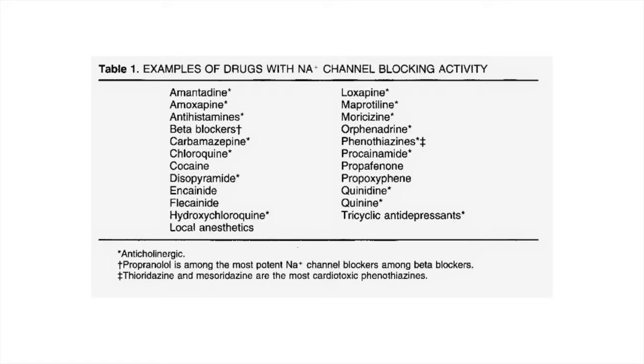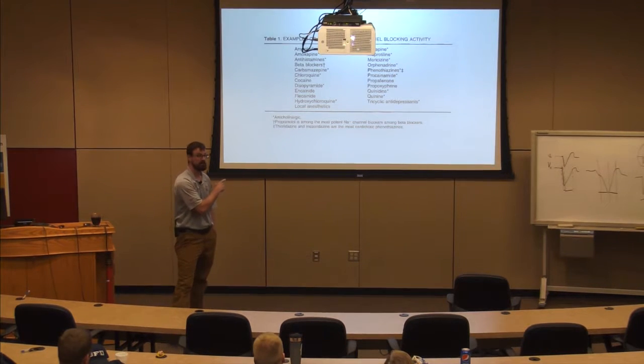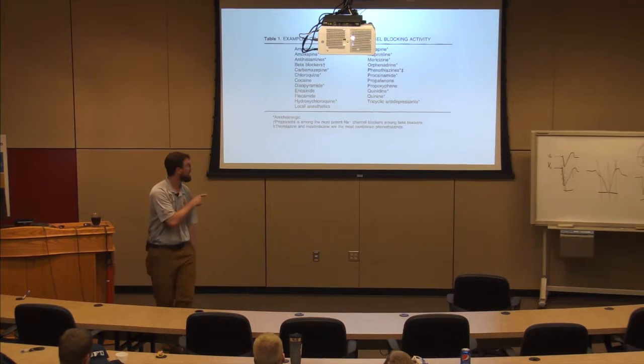Antihistamines, the beta blockers, particularly propranolol, is a very potent sodium channel blocking drug, okay? Phenothiazines, which are essentially some of the older generation antipsychotics. A lot of the older generation antipsychotics will do that.